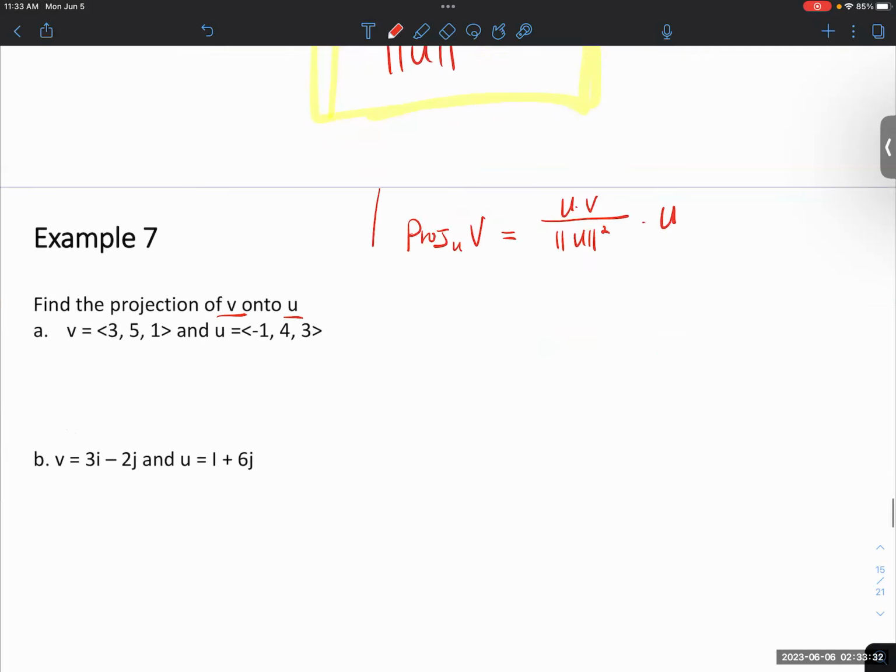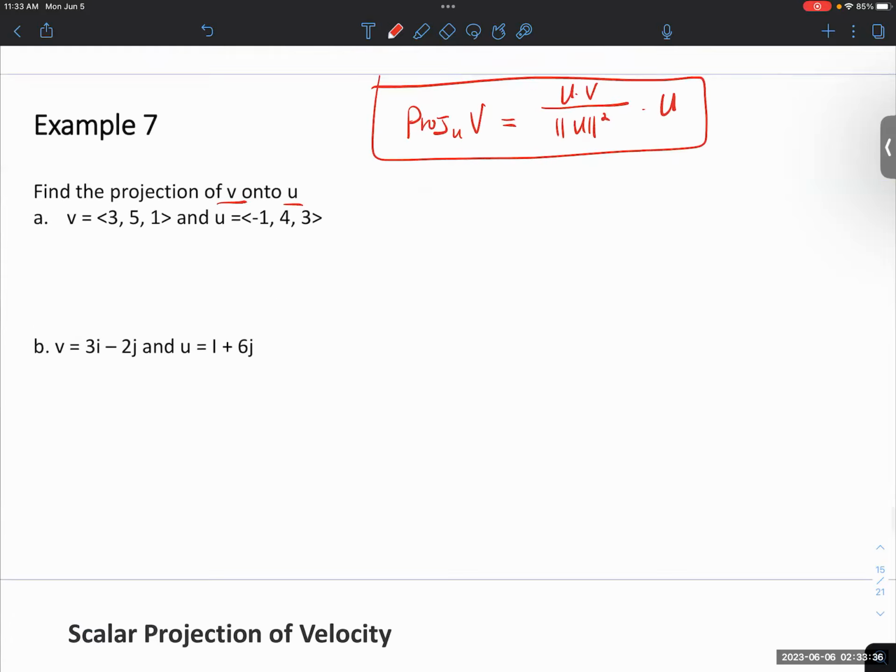So this is the formula we just proved. So let's find out everything. This is the projection of V onto U.